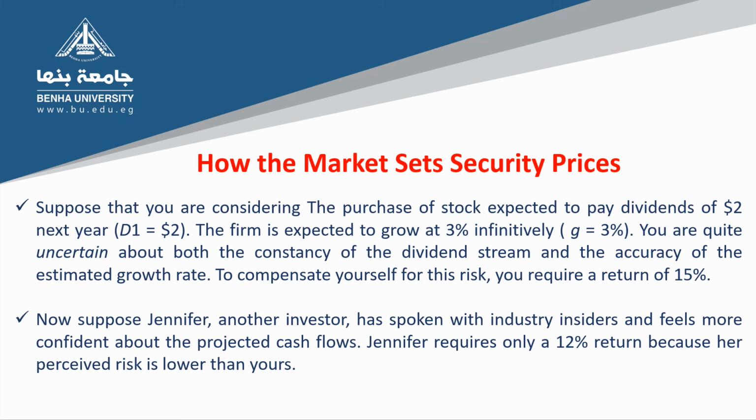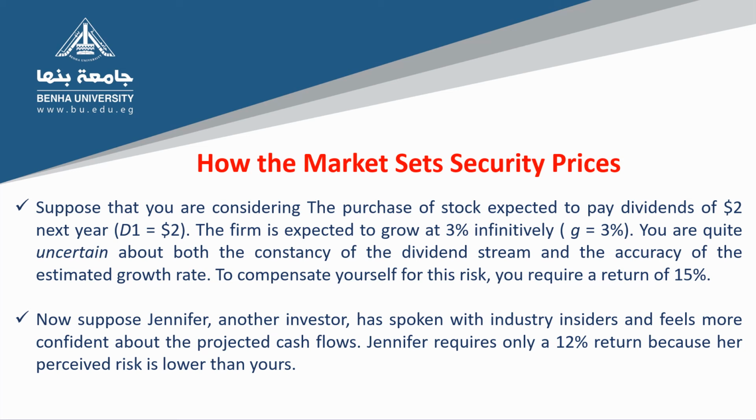How the market sets security prices. Suppose that you are considering the purchase of a stock expected to pay dividends of $2 next year, which means D1 equals $2. The firm is expected to grow at 3% infinitely, which means g equals 3%.